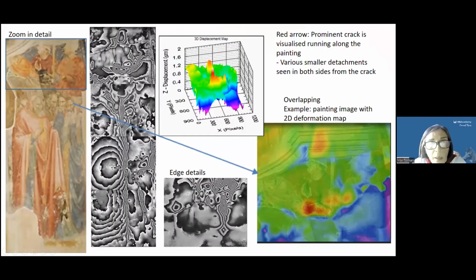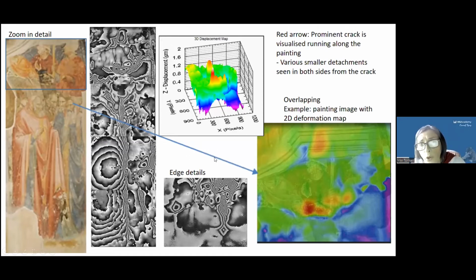This is a detail of a very important part of this painting. Here you see a deep crack going all along the panel, the wall painting, and several other small discontinuities.